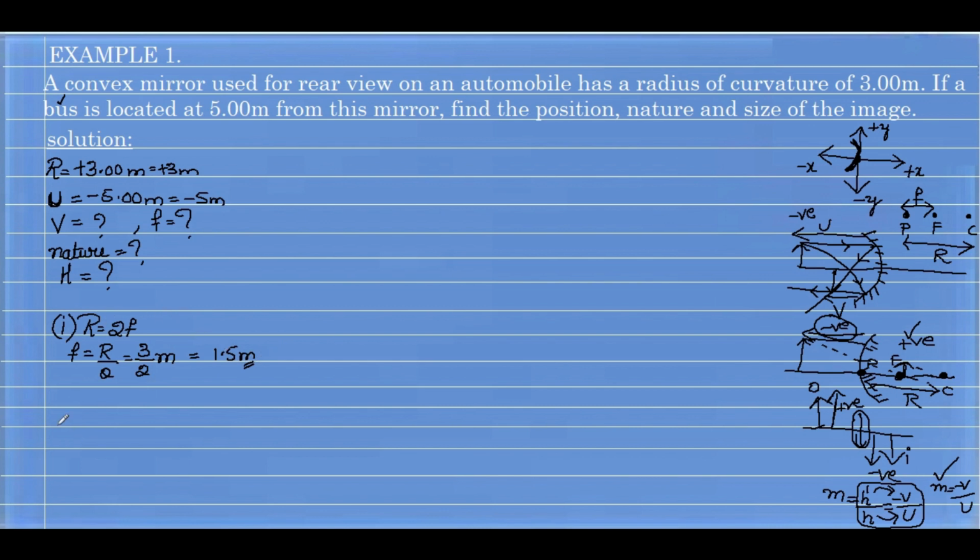So after getting the focal length, we need to find out the image distance. In order to find the image distance, we need to apply the mirror formula.